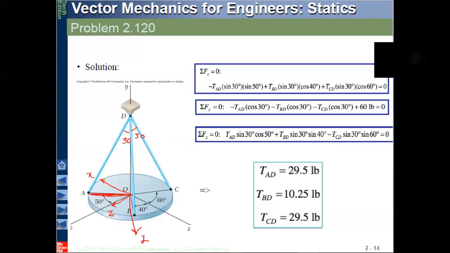And if you multiply it by sine of 50, then you are going to get this projection on the x.